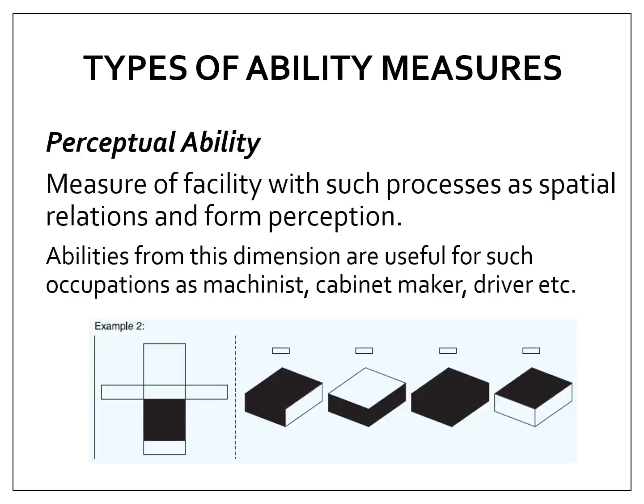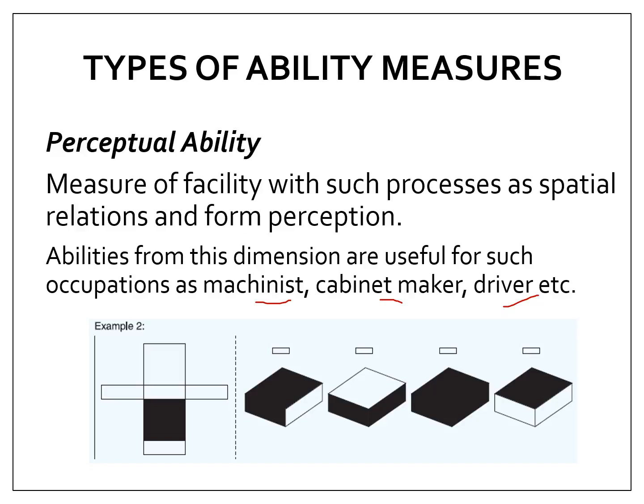Next is perceptual ability. Of course, this is still related to cognitive ability. So this is used in professions such as those who are in charge of machines, other professions such as cabinet making, driver, etc. Okay, so these jobs rely on visual spatial intelligence, such as, say, for example, you work in the aviation industry and it's important for you to understand maps.